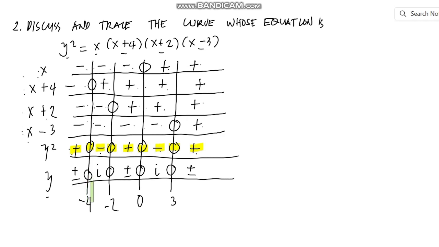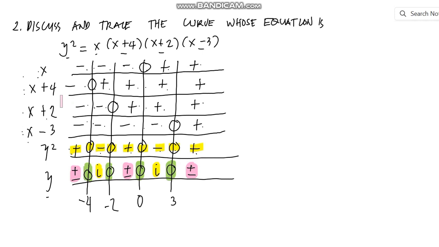Now, by looking at these values, these 0s are the locations of the x-intercepts. And the locations where we have the imaginary number mean that we do not have a graph for these regions. Where we have positive and negative, it means that we have a graph both above and below our x-axis.